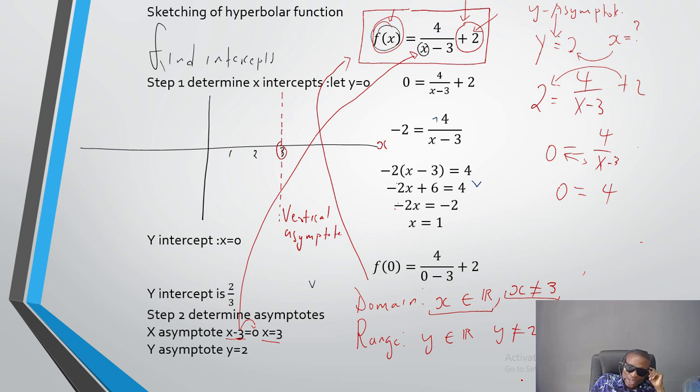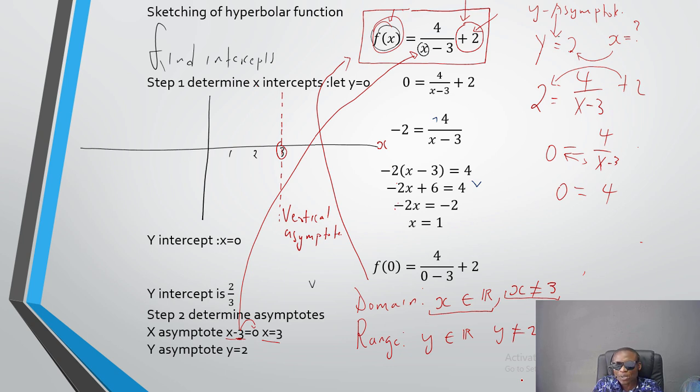So in a hyperbola function, if you know the x asymptote, you can find the domain of that function. You just say x can be any real number, but x should not be that x asymptote. x should not be 3. There is a big relationship between the domain and the asymptote.